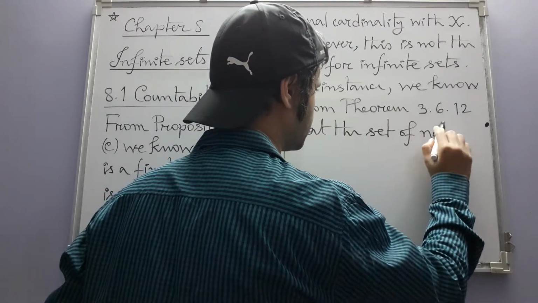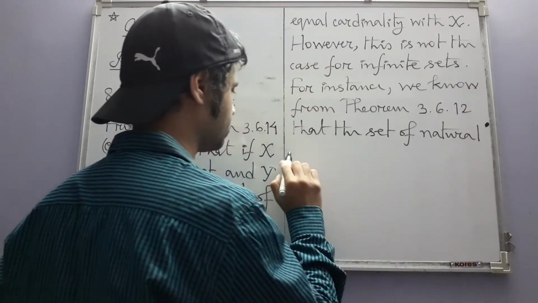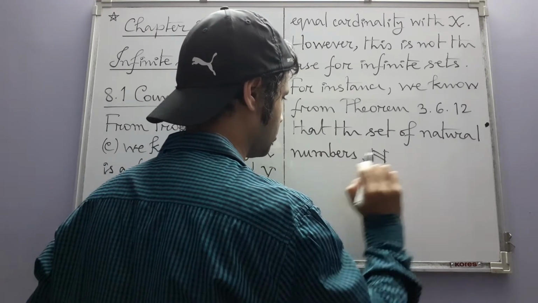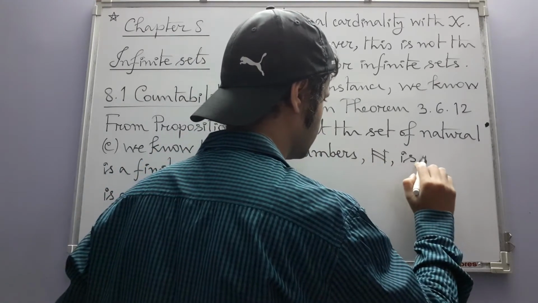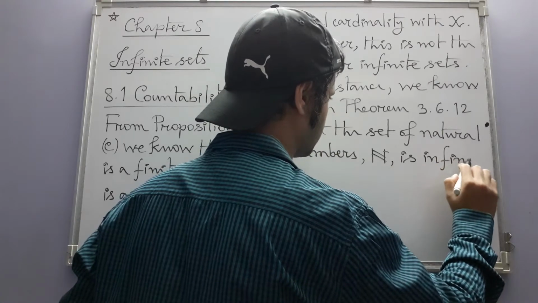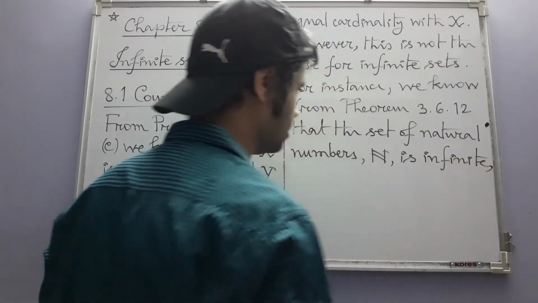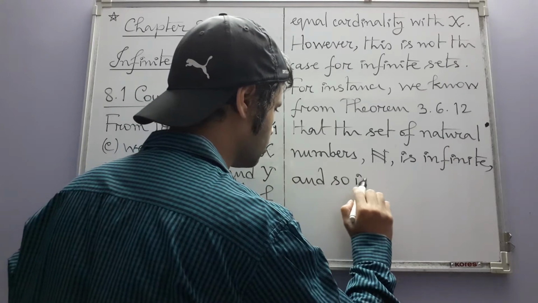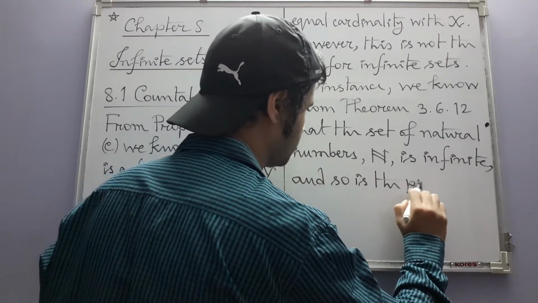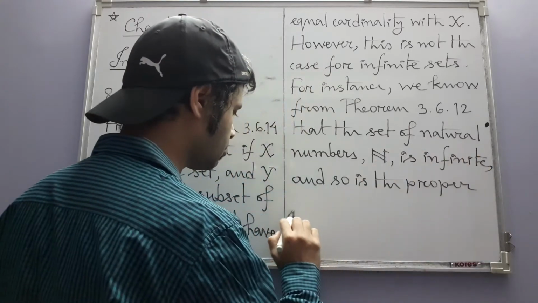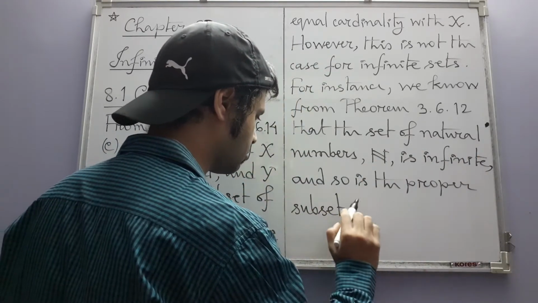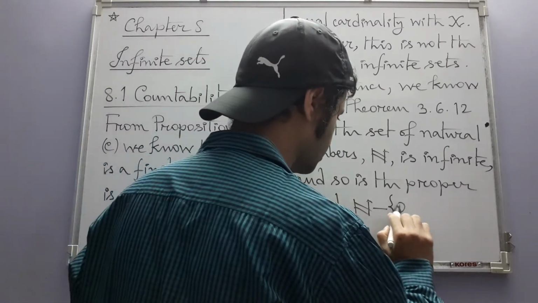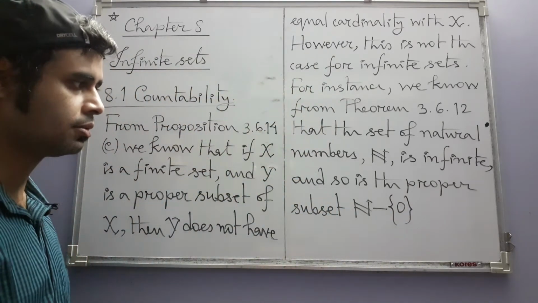the set of natural numbers, that is N, is infinite, and so is the proper subset which is the one that you get from N by removing the natural number 0 from it.